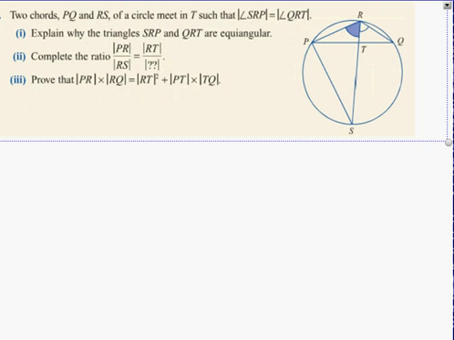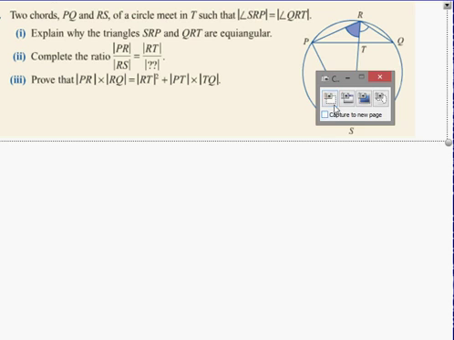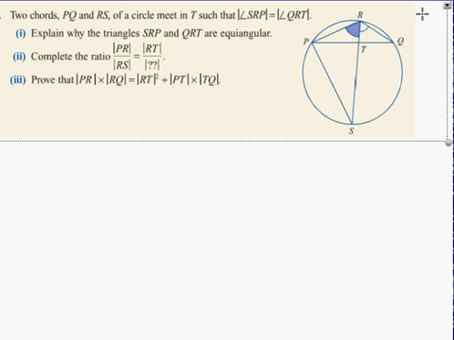So what we have is two chords, PQ and RS, meet in T such that angle SRP equals angle QRT. Explain why SRP and QRT are equiangular. This one I couldn't see to save my life for a while, but then I had a fresh look at it and it hit me.